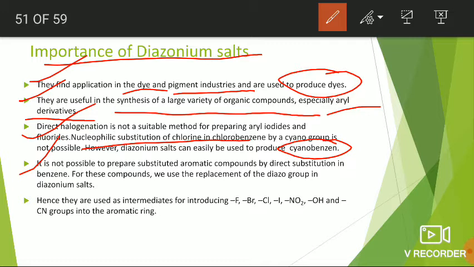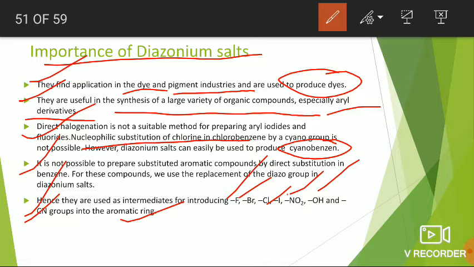So we can prepare various aryl derivatives by replacing the diazonium group of diazonium salts with halogen atoms such as fluorine, chlorine, bromine, iodine, or with nitro group, hydroxy group, or cyano group, or we can also substitute one more arene ring into the aryl diazonium salt.